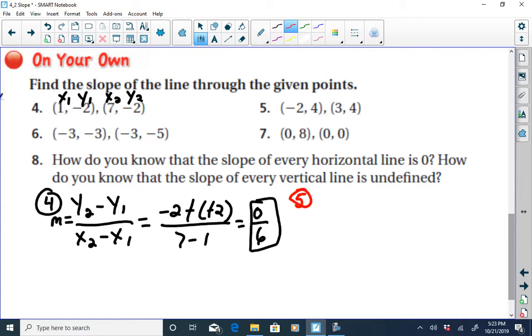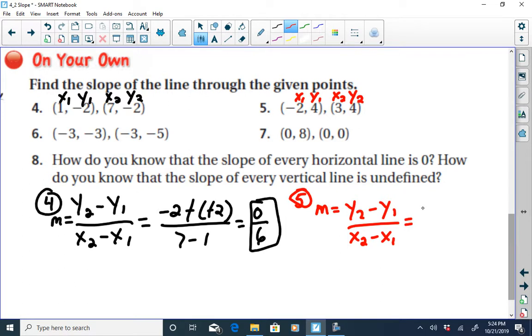Right, start with my slope formula. m equals y2 minus y1 over x2 minus x1. All right, let's assign values here: x1, y1, x2, y2.